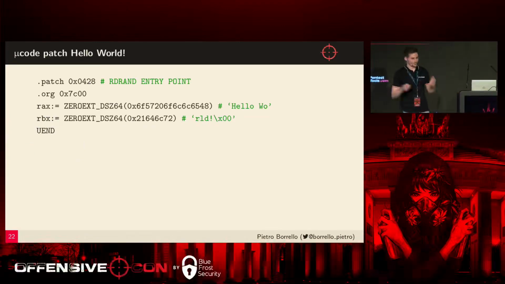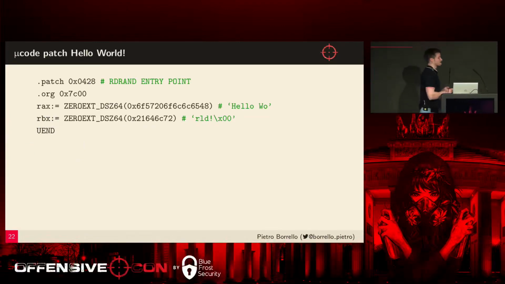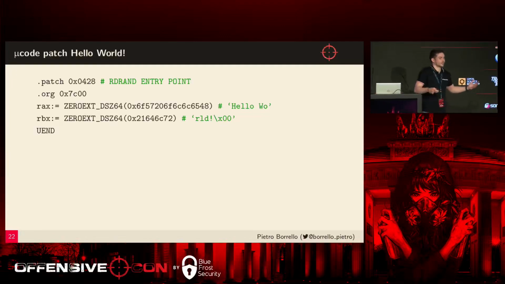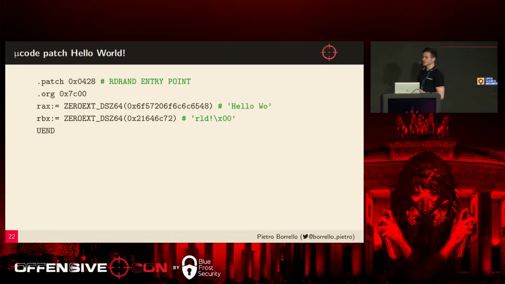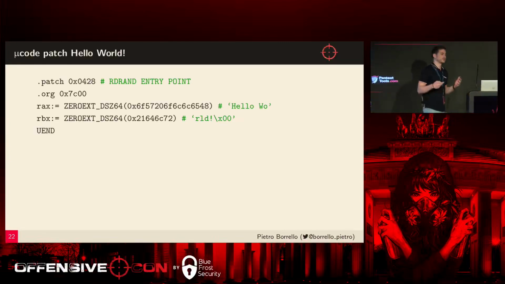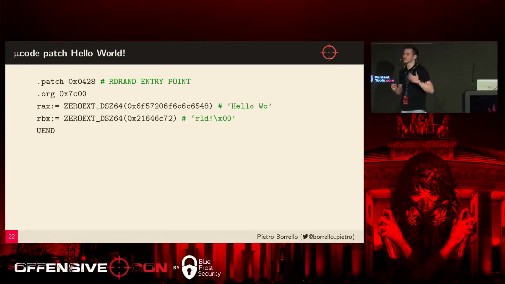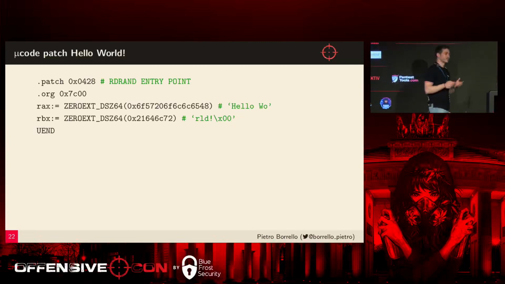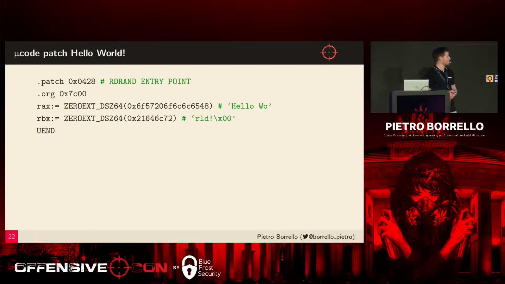We can change instruction behavior so that when you execute the instruction, instead of doing the semantic functionality that this instruction was supposed to do, it just returns hello world. And which better instruction should we choose if not RDRAND, which is supposed to give you a cryptographically secure random number. So let's just piss off some cryptographers and make RDRAND return hello world instead of a cryptographically secure random number.